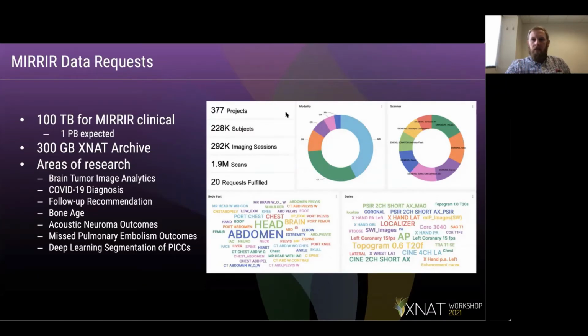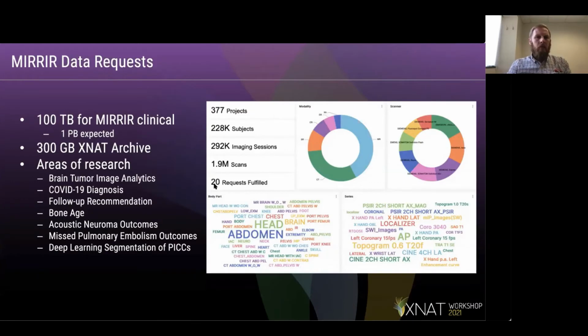You can see here the numbers for the MIRRIR XNAT instance. It's getting up there, almost 250,000 subjects, over 250,000 image sessions, a couple million scans. So we're dealing with that scale that you went over so well in the previous roundtable.